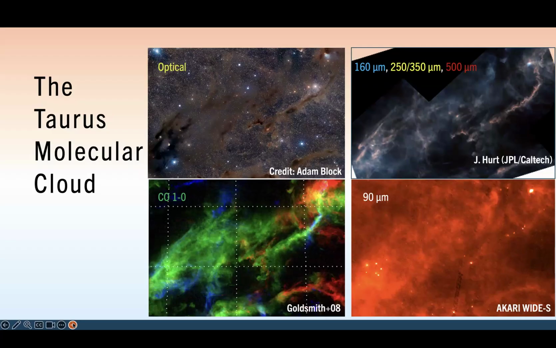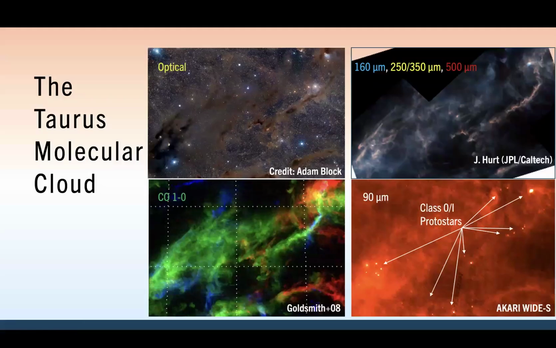And in contrast to these optical images, we can see that these molecular structures really start to light up in parts of the spectrum like the infrared, where we can see these filaments around here down this main backbone, and we can see these class 0 and class 1 protostars start to turn on.